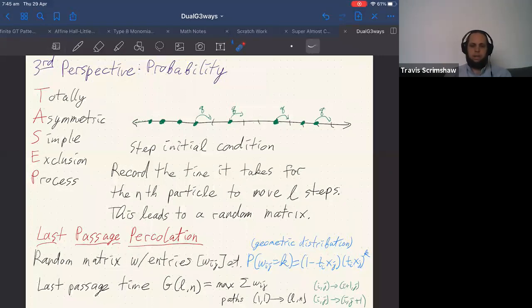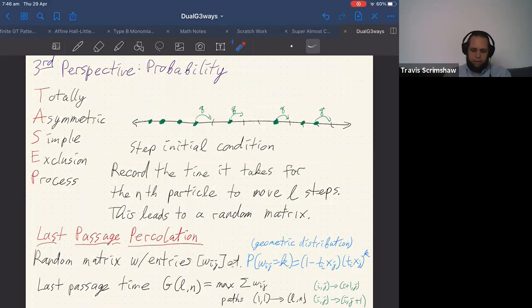And I'm going to be working on the infinite line and starting with the step initial condition, which means that my starting condition is there's some place where I cut where everything to the right is empty and everything to the left is filled with particles, which math physicists will sometimes call the Dirac sea.